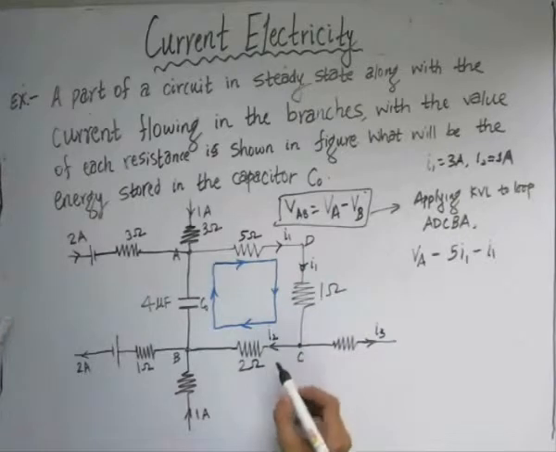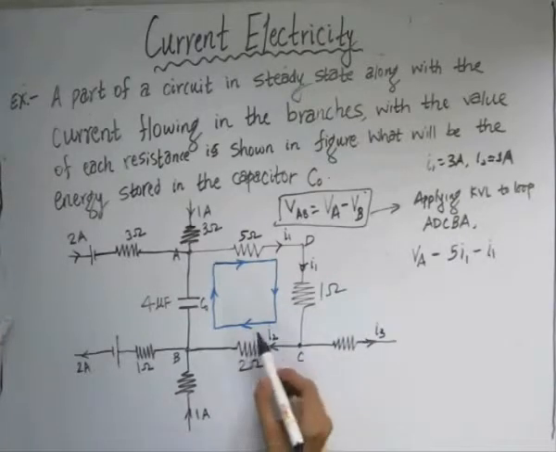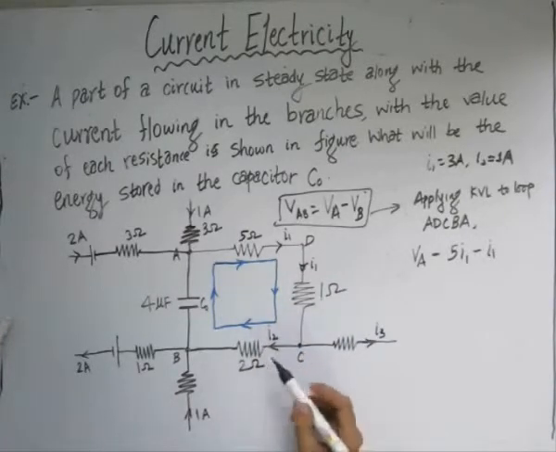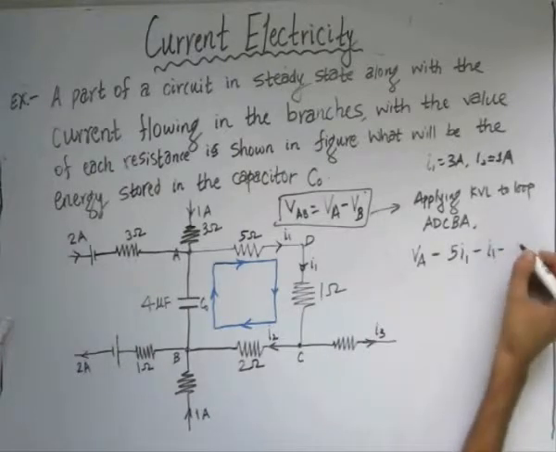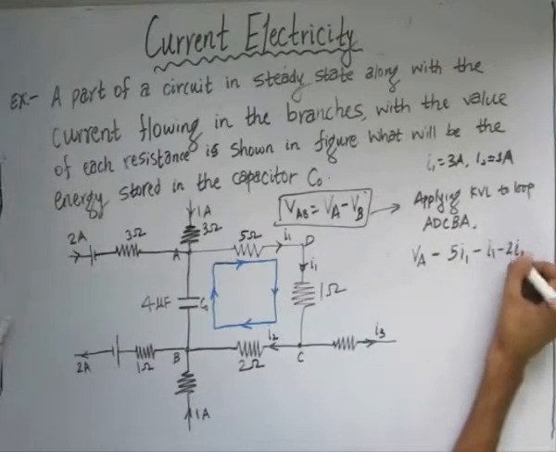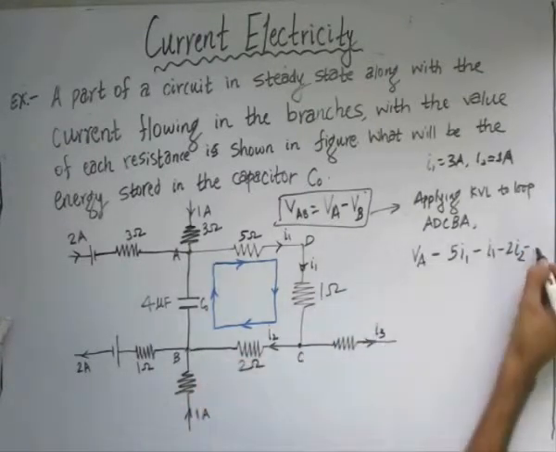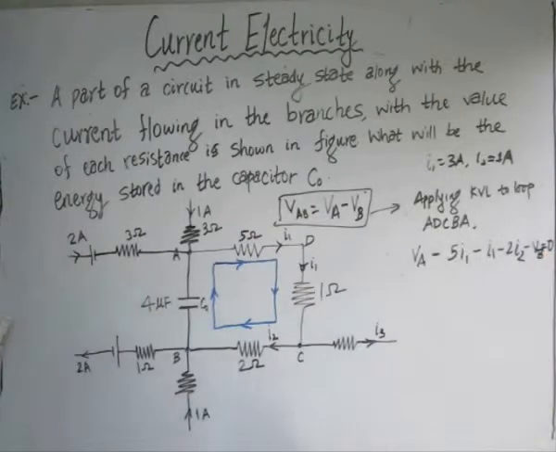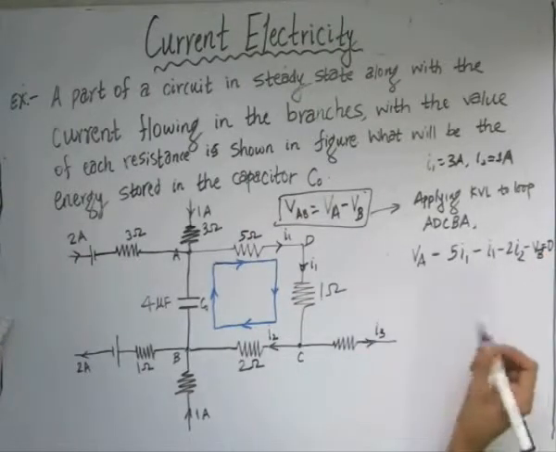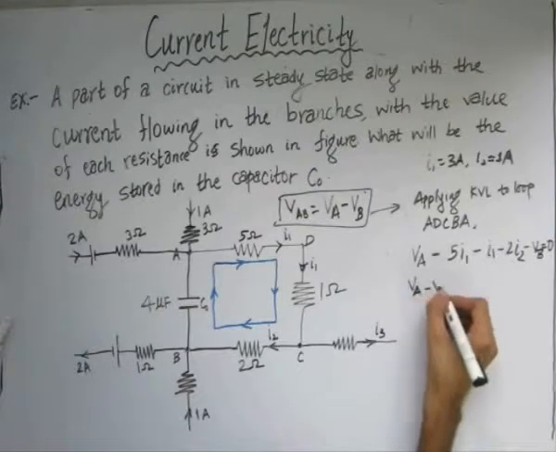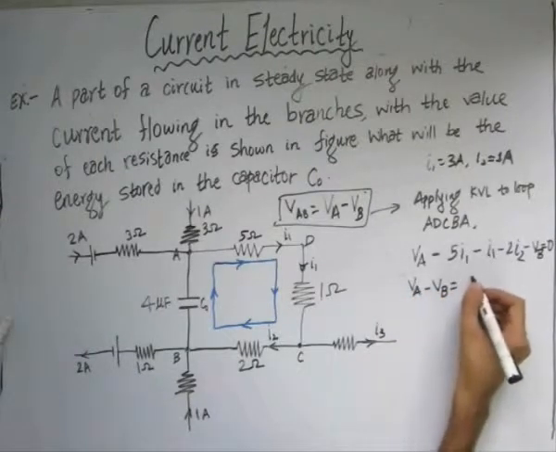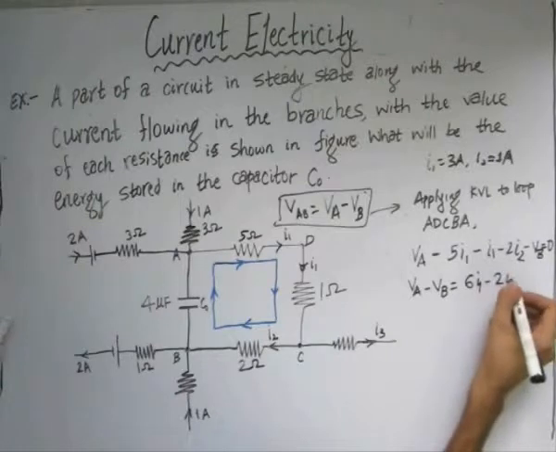Now in this case, the current I2 and the direction of the loop again coincide. So again we will be having a negative potential drop. So this would be minus 2 I2. Minus the potential here would be minus VB equals 0. So from here we can see that VA minus VB is equal to 6 I1 minus 2 I2.